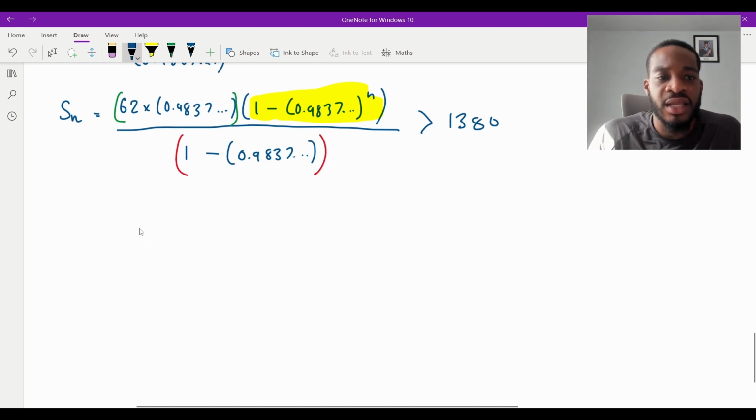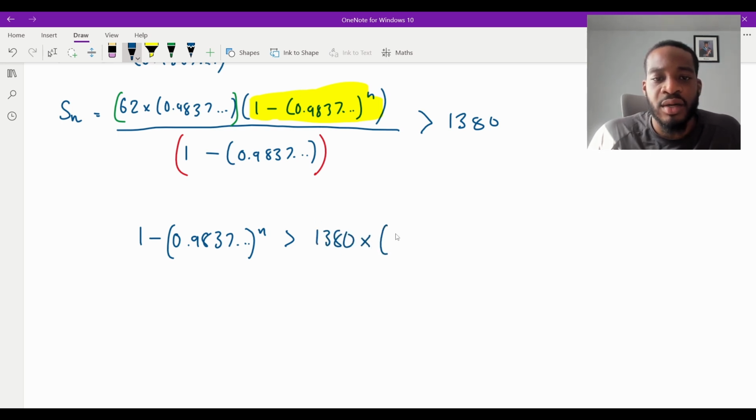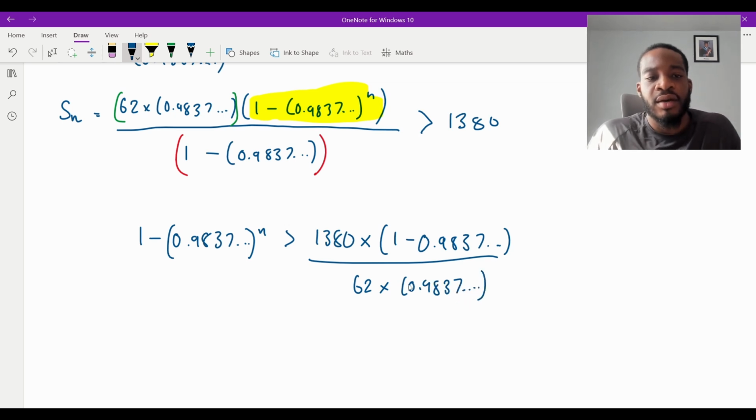So therefore I can say that 1 minus 0.9837 to the power of n is going to be greater than 1380 multiplied by this denominator, 1 minus 0.9837..., and then it's going to be divided by that number there, 62 times 0.9837... Perfect.